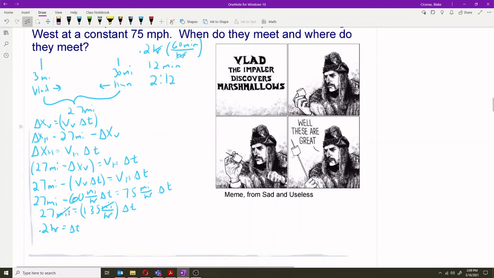Where do they meet? To figure out where they meet, I can plug it into any of my original equations. I can either plug it into delta x, xh equals vh delta t, or xv equals vv delta t. I'm going to go with the vv, so I'll just say, okay, vv would be 60 miles an hour times 0.2 hours, and that's going to be 12 miles.